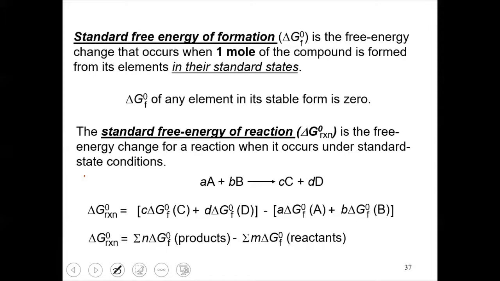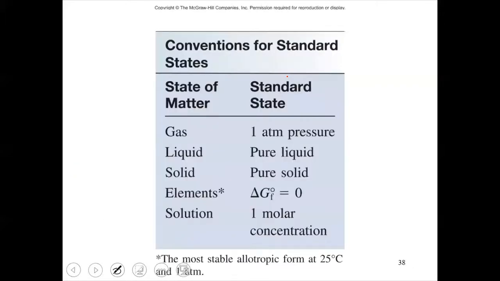Now, before we do a practice example, like I said, we've been mentioning this standard state stuff here, right? Standard state. And I think it's important to review what that is. You would have studied this in Chem 1A, and I may have or may have not mentioned it when we studied delta H. So here are the conventions for standard states.